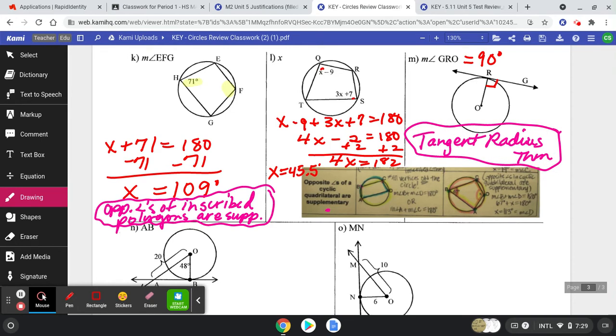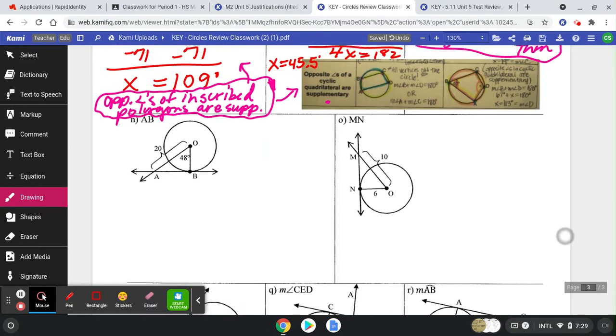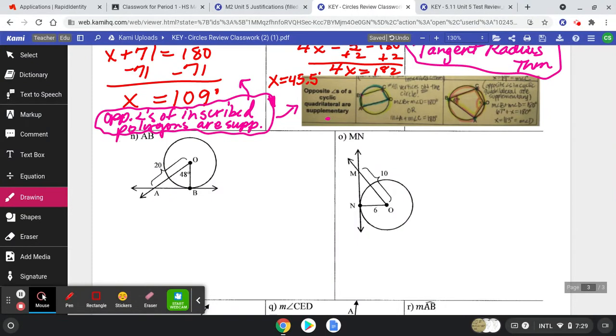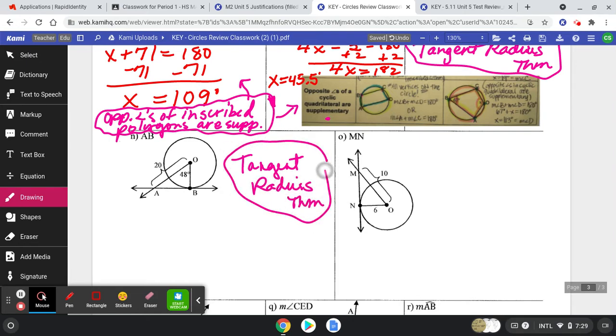Okay, by the way, and back on this one, this is the justification for both of these. All right. So looking at this next one, this is still tangent radius theorem on both of these.